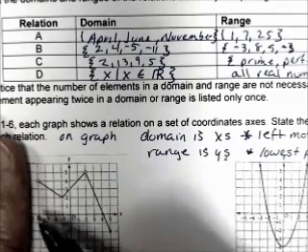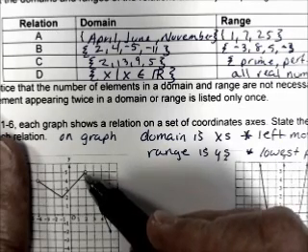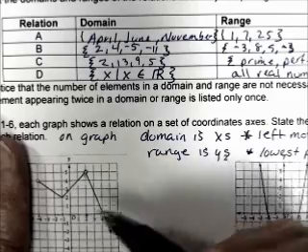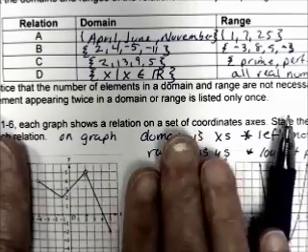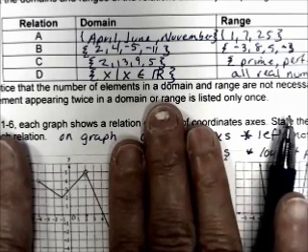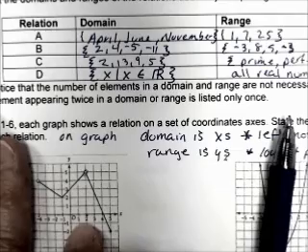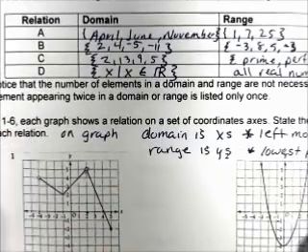From -4 to +5. But there's a hole in between, right here at +2. Remember, I'm looking at my x value, so I'm looking at my x scale. From -4 to +2, but there's a hole at +2, and then from +2 to 5.